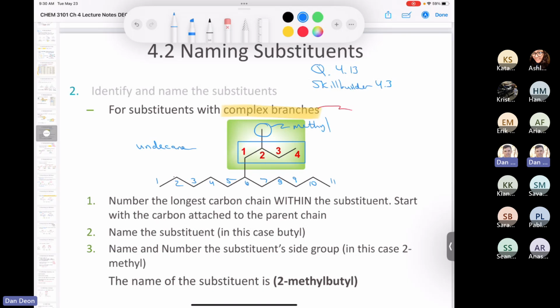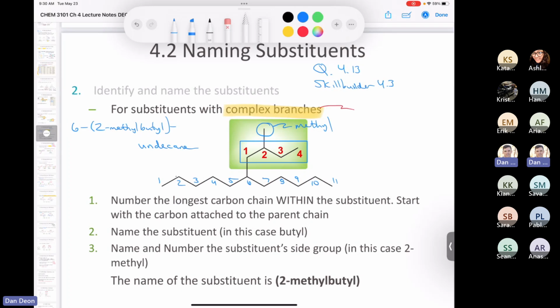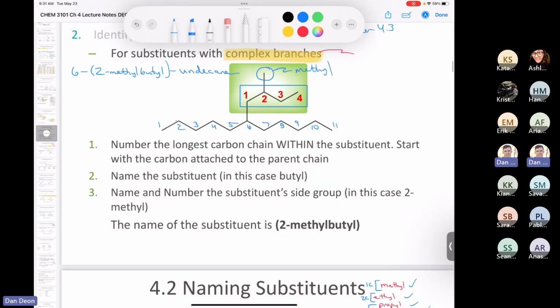So we'd call this, what would it be? 6-(2-methylbutyl)undecane. Well, let's see if I can squeeze that all together somehow. So put it like that. There you go. So there's an example where you have to use the parentheses. It's when you have a complex branch.